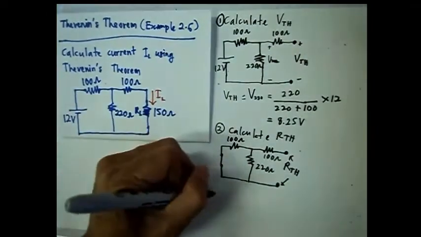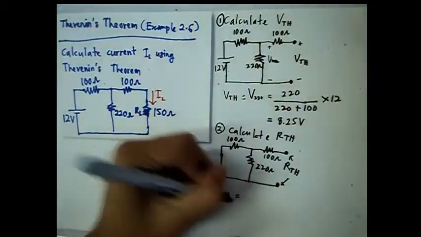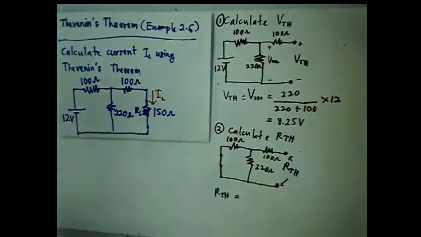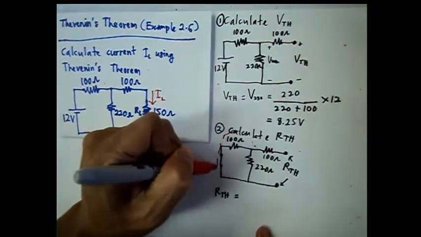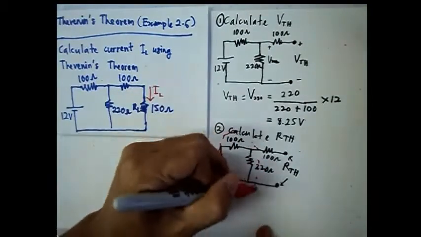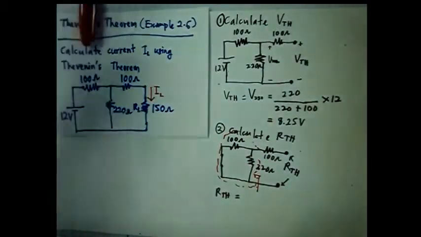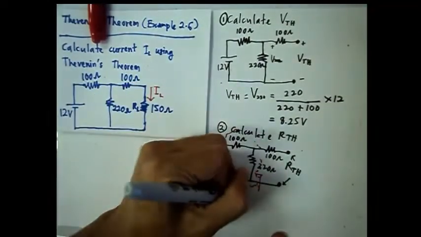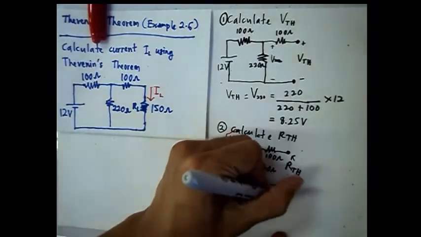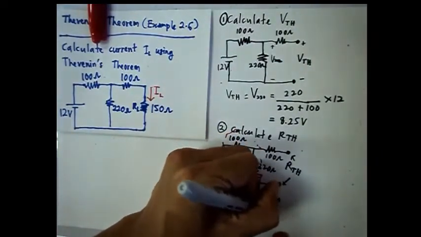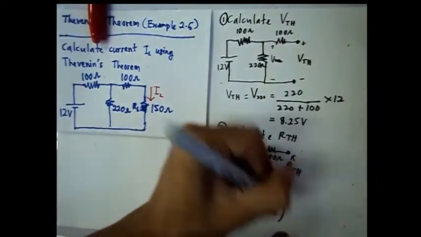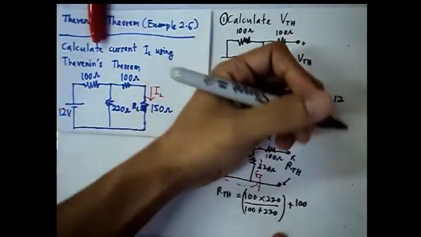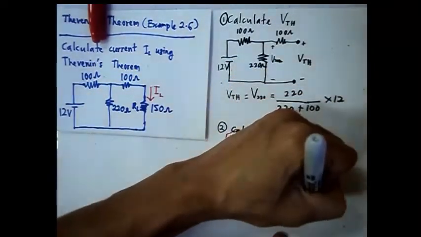Therefore you may get your RTH equal to, start by simplifying the two resistances here first, which are in parallel. So your RTH will be equal to 100 times 220 divided by 100 plus 220, plus 100 here, which will be in series with the total of the two 100 resistances.